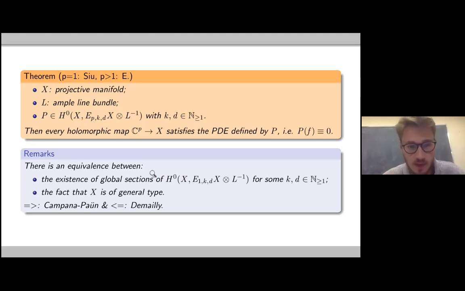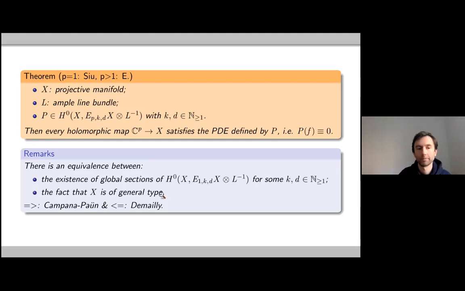We know, as I said, for theoretical reasons that it exists, but we have barely no information actually on them. So in very particular cases, for instance for Fermat hypersurfaces, we can actually produce it, but otherwise, to my knowledge, it's a challenge.